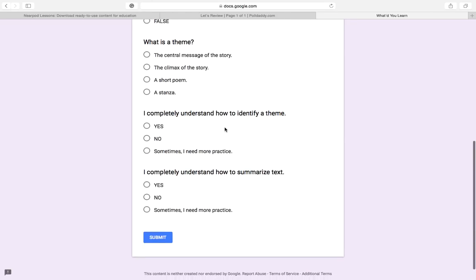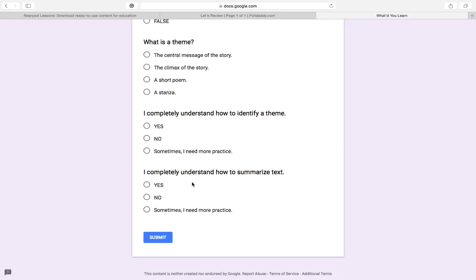And then these last two questions I felt were important to include because, of course, no other students are going to see any of this, but I will be able to review it. So I completely understand how to identify a theme. I completely understand how to summarize text. That's important because now I can base my future lessons on how students are comprehending material.